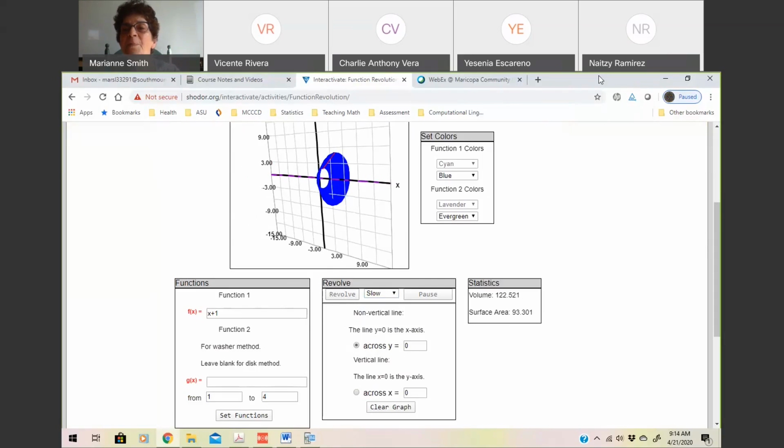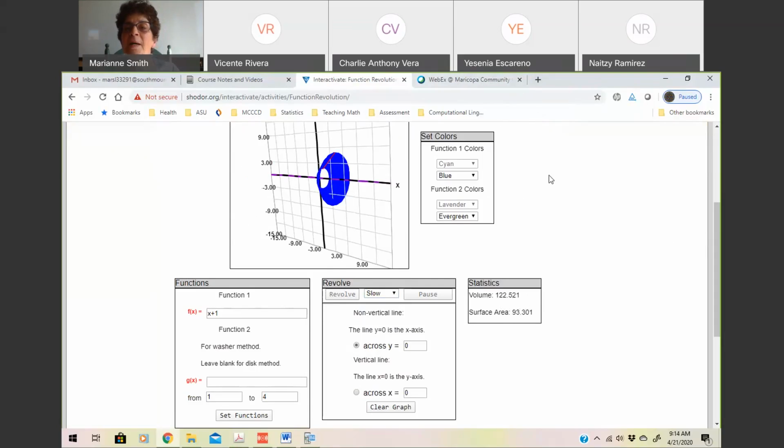Basically, what I've got is part of a cone. And when I talk about volume, I'm talking about the empty space inside. It gives you the volume of this shape is 122.521 cubic units. And the surface area of it, that's the outside shape, is 93.301 square units.